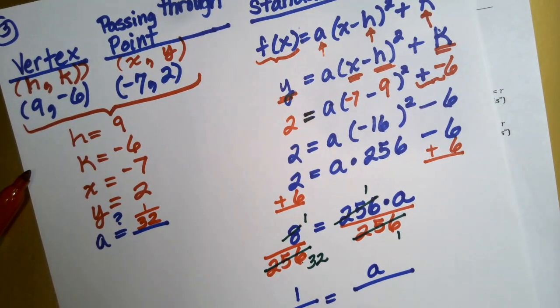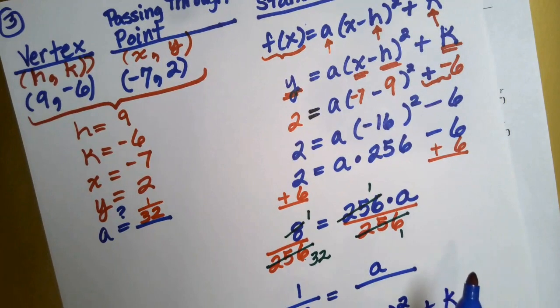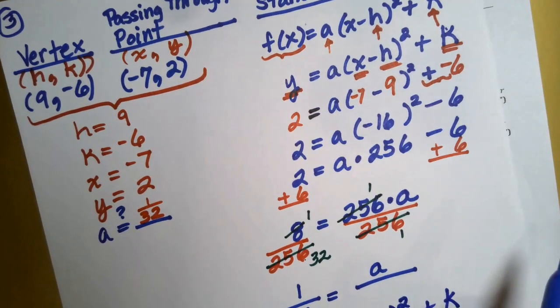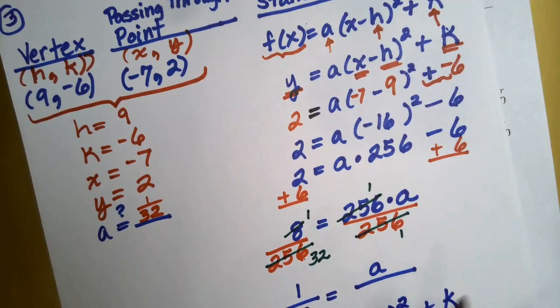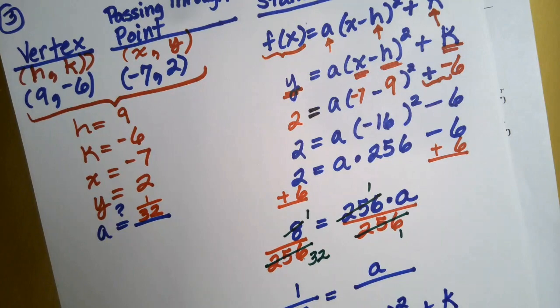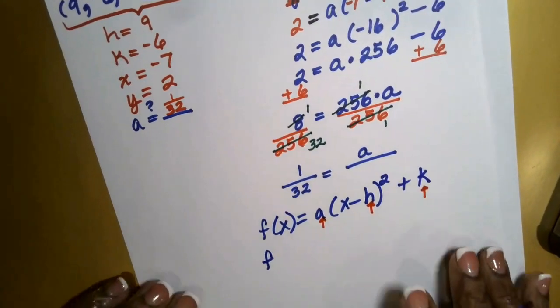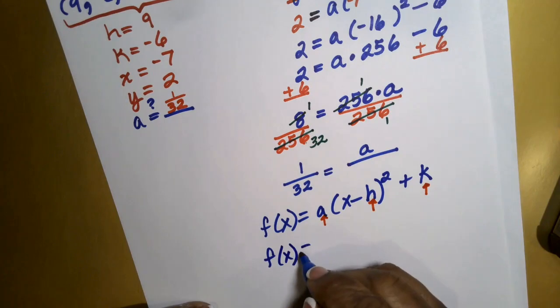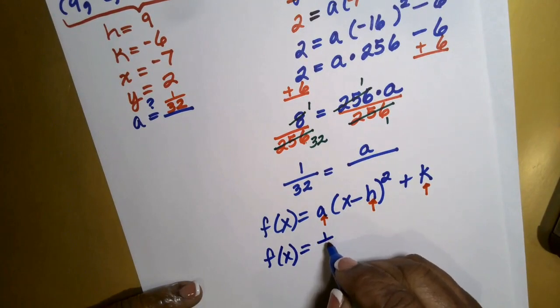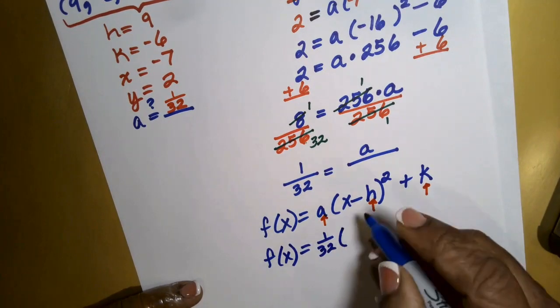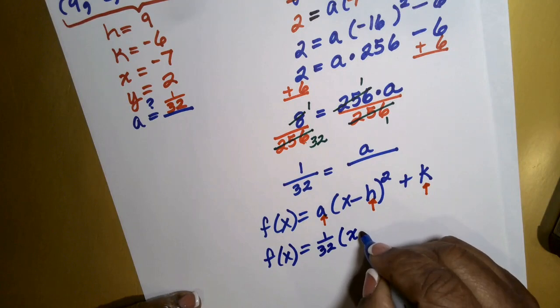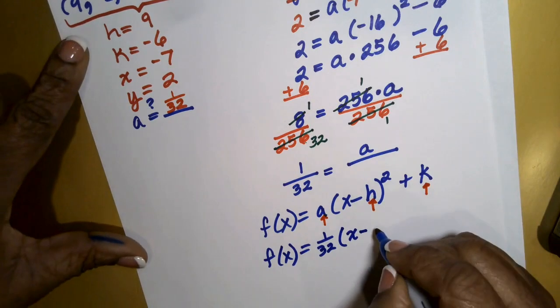F of x equals a times the quantity x minus h, quantity squared, plus k. We're going to substitute in a, h, and k. F of x equals, a equals 1 over 32, times the quantity x, take away h.